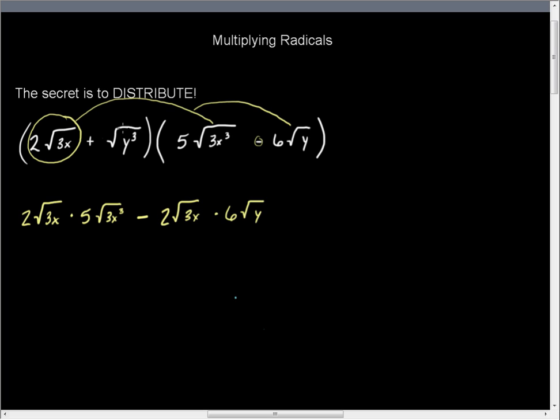Okay, so now in blue, I'm going to take the second term of the first factor along with its sign, and I'm going to distribute that to the terms of the second factor. And so I have a positive root of y cubed times 5 roots of 3x cubed gives me a positive root y cubed times 5 roots of 3x cubed. And then I have a positive root of y cubed times negative 6.